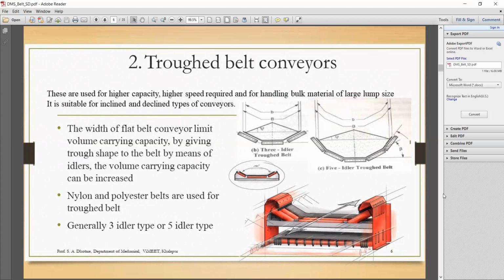If we just put grains on a flat belt, they start spreading and rolling outside the belt, and will be flushed onto the floor. So in such conditions, we use a troughed belt conveyor mechanism.